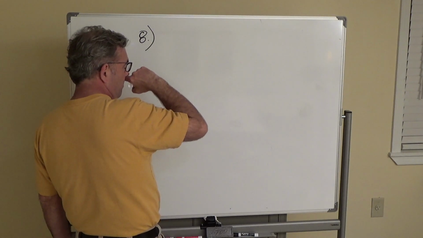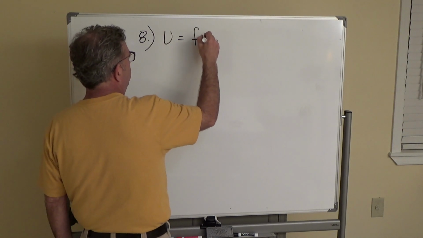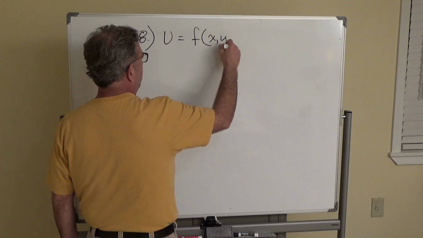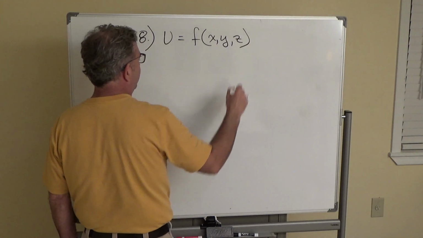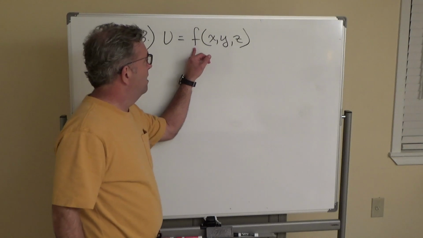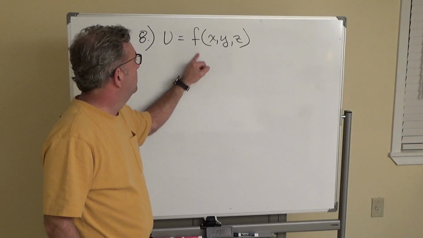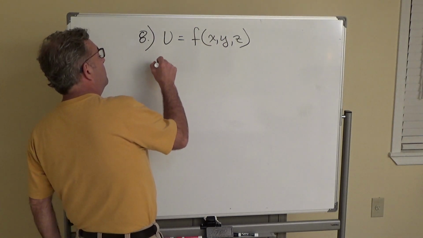If you have a potential function, U is some function of x, y, and z, okay? So that does not stand for force, that just stands for some function of x, y, and z.